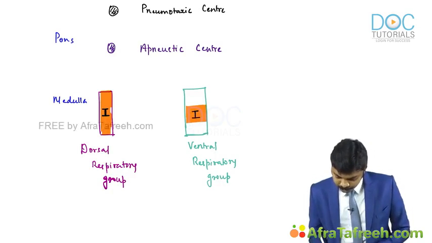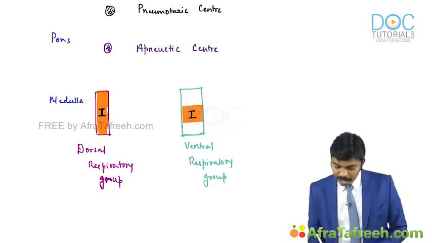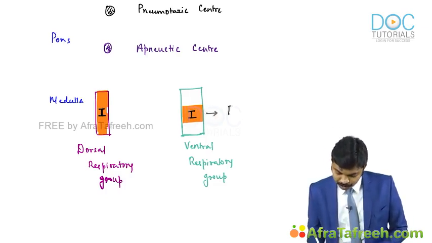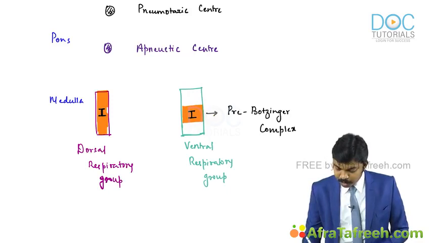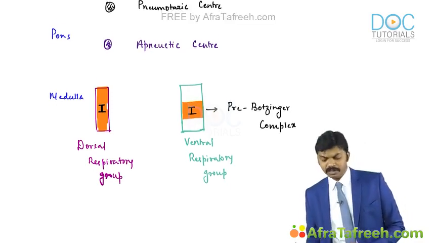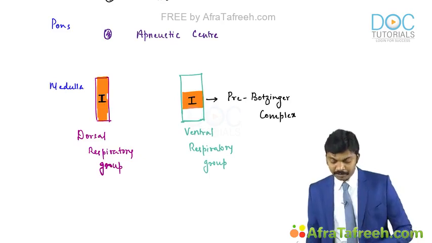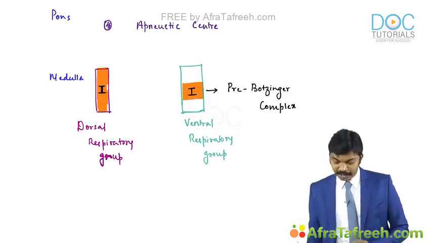In the ventral respiratory group, we have a particular region concerned with inspiration, and that region is called the pre-Botzinger complex. Pre-Botzinger complex is the pacemaker of respiration, doctors. I think that's a very fundamental point you must remember. So, pre-Botzinger complex is the pacemaker of respiration.